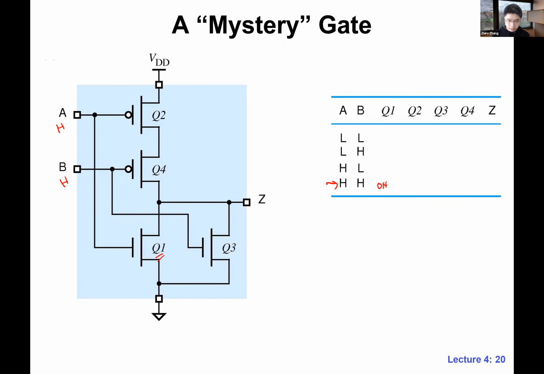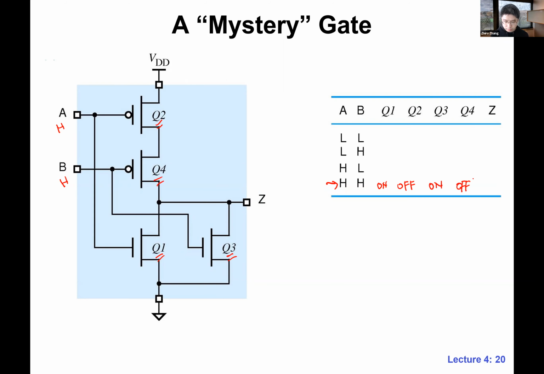NMOS is active when the input is high. Q2 over here, on or off? Off. Very good. Q3 over here, on. Q4, off.